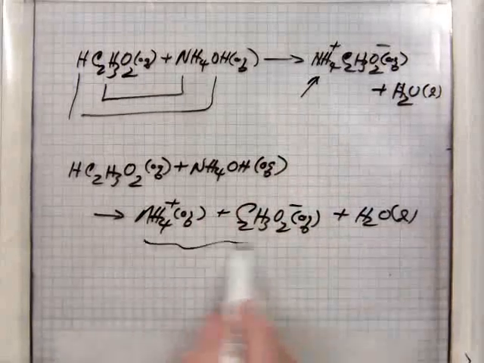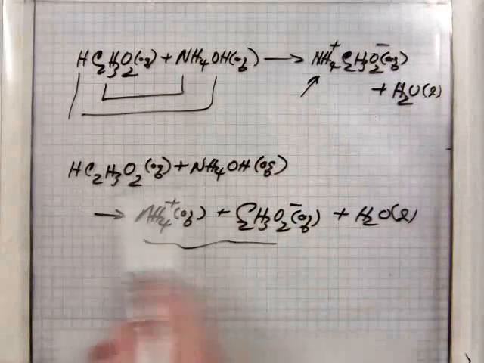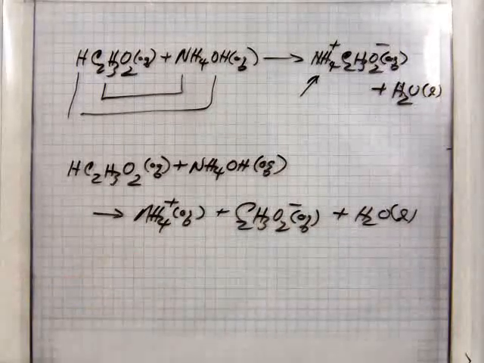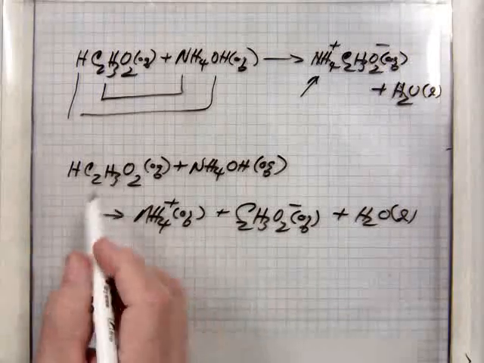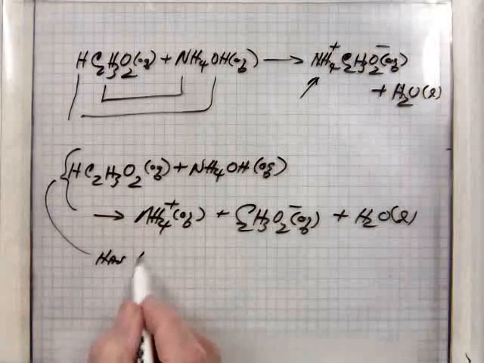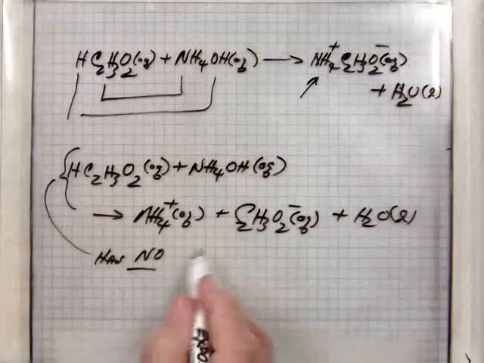But when I look at the ions against the reactant side, there are no matching formulas. And so this has no spectator ions.